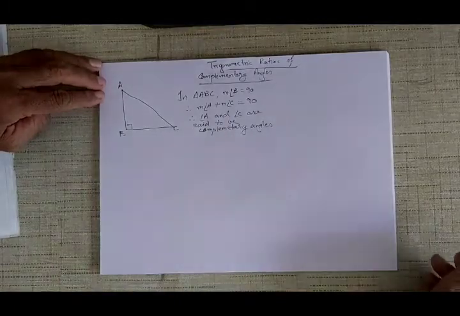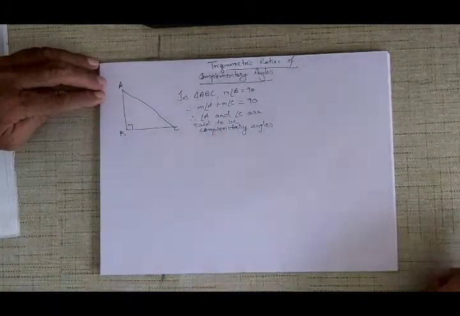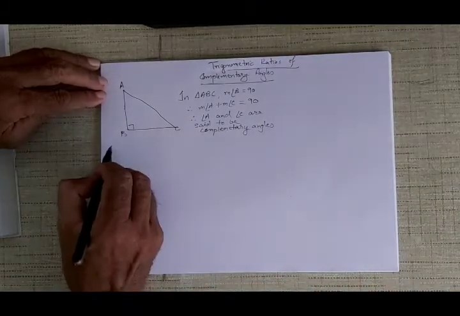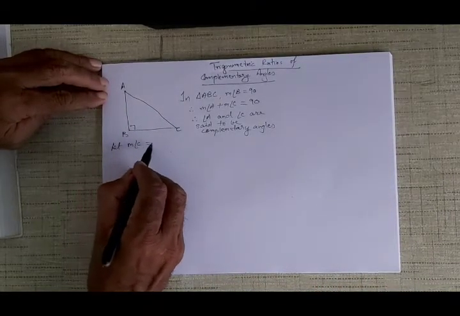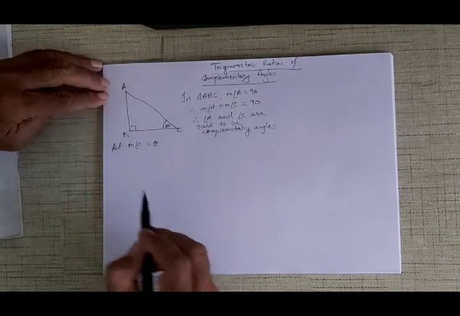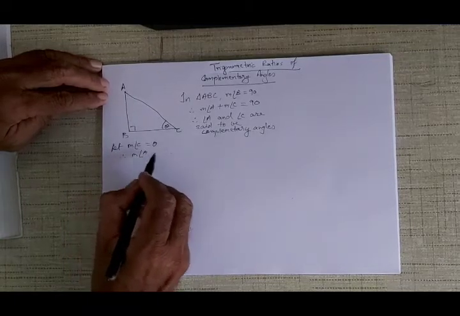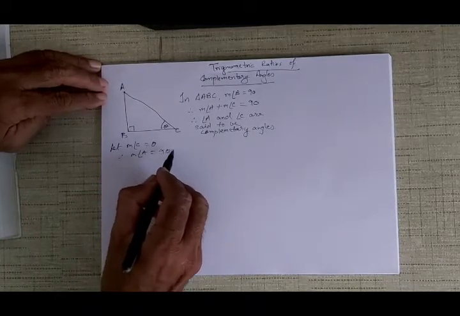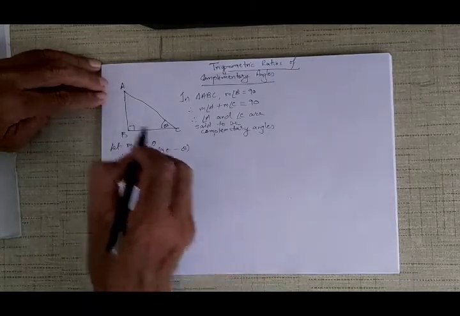If the sum of the measures of any two angles is 90 degrees, they form a pair of complementary angles. So let measure of angle C be equal to theta. Therefore you can say that measure of angle A will be equal to 90 minus theta.